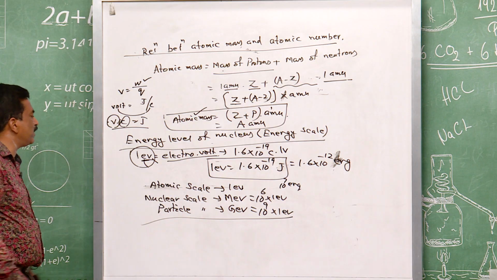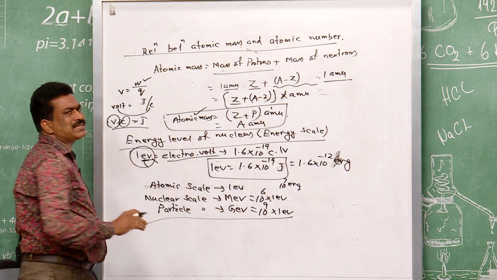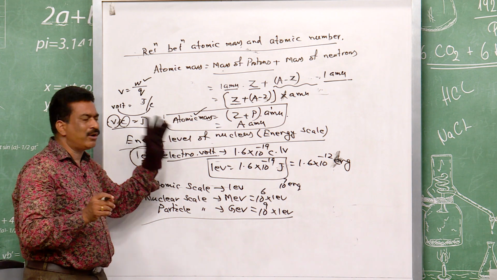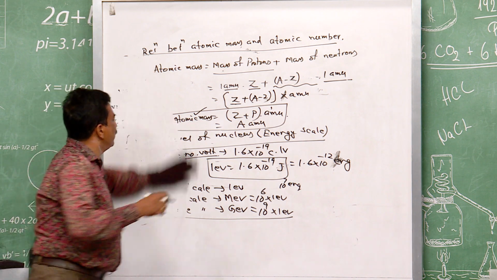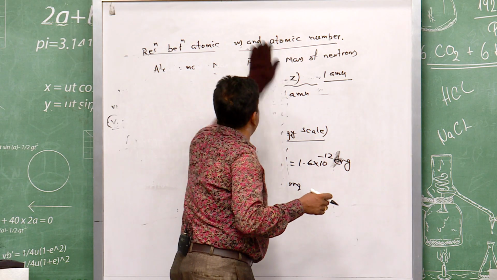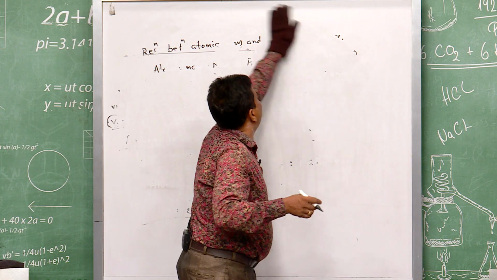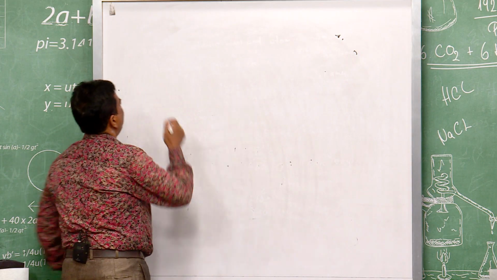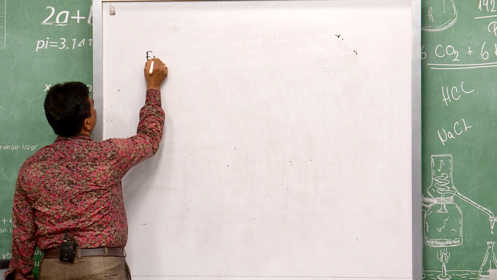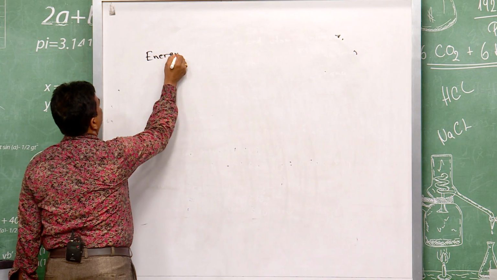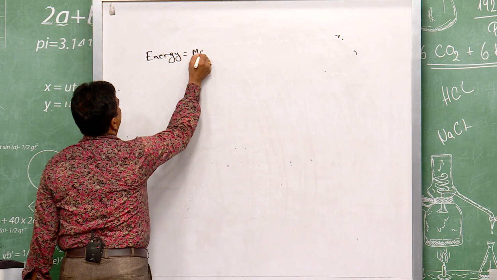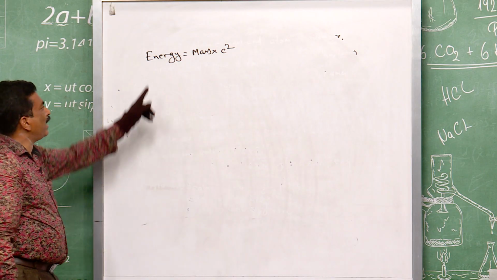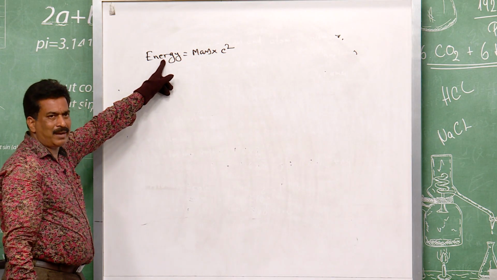So here the question comes, if some mass is associated, what makes that mass? According to Einstein's relation of energy with its mass, you know that energy is equal to mass into c square, and we have an expression for how you will derive that one.